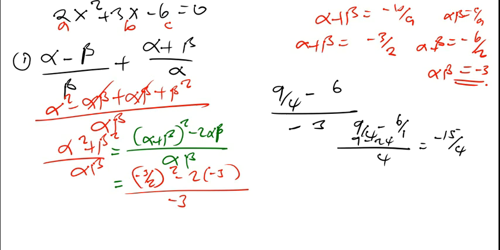What is 9 minus 24? It should be negative 15, right? So negative 15 over 4, now we divide it by negative 3.